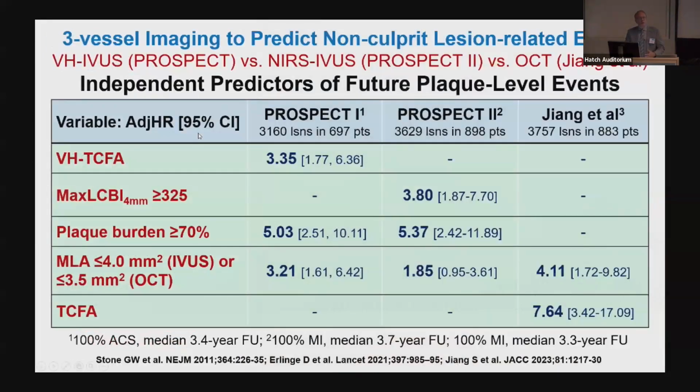So if you look at the 3 studies that have been done with 3-vessel intravascular imaging, PROSPECT with radiofrequency IVUS, PROSPECT 2 with NIRS-IVUS, and then the study recently published in JACC by Jiang with OCT, you can see that by multivariable analysis, the morphologic characteristics of these so-called thin-cap fibroatheromas are the ones that, with an independent risk of around 3 to 5 times, put a patient at risk for future lesion-related events coming from that specific lesion.